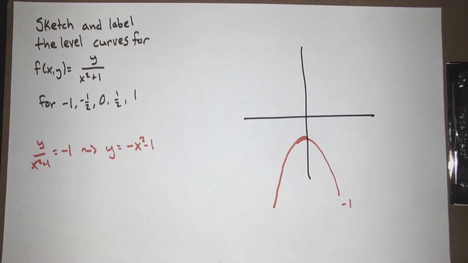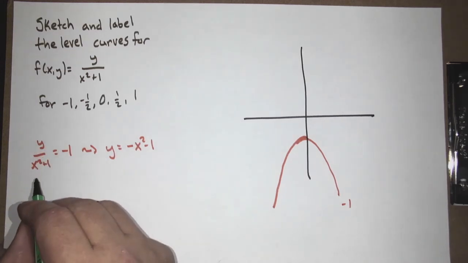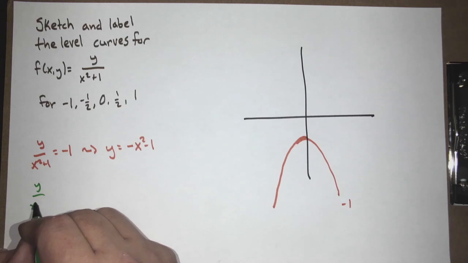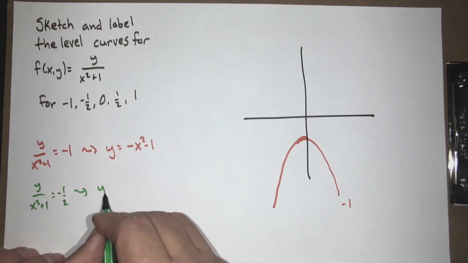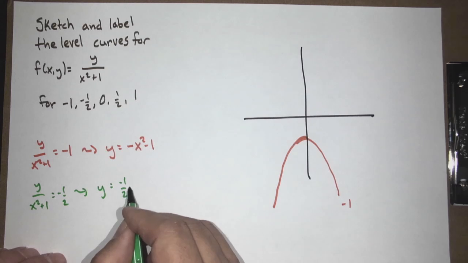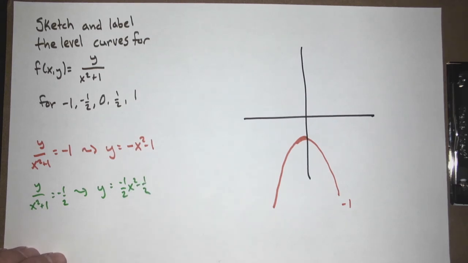Okay, so how about -1/2? y over x squared plus 1 equals -1/2. All right, well, we can think of this as y equals -1/2 x squared minus 1/2. What is that? It's a parabola.